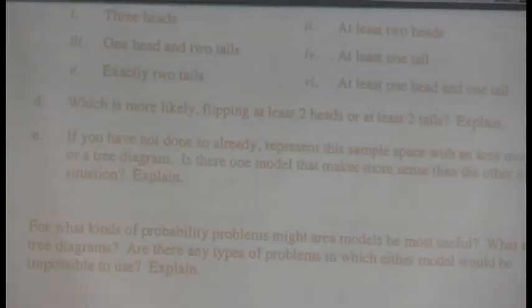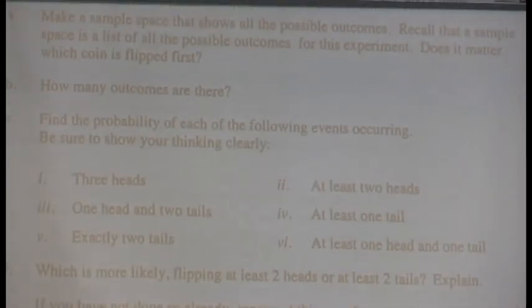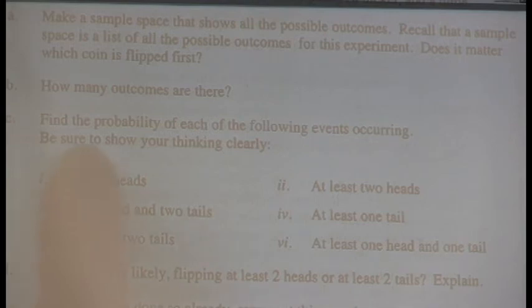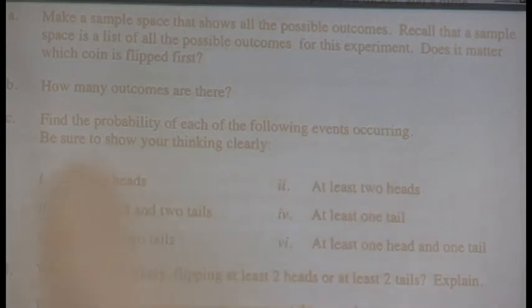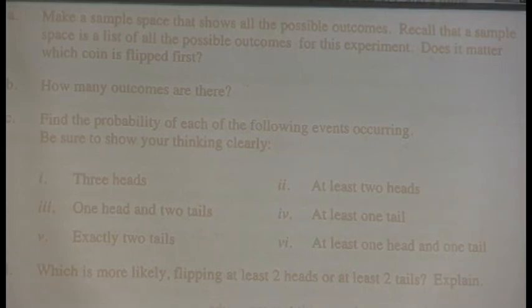All right, so now you've got your list. Now I want you to answer these questions. So part C, where it says find the probability of each of the following events occurring. Be sure to show your thinking clearly. Right underneath your sample space, you're going to do little i, then ii, then iii, iv, v, vi, because that's what those stand for in Roman numerals.